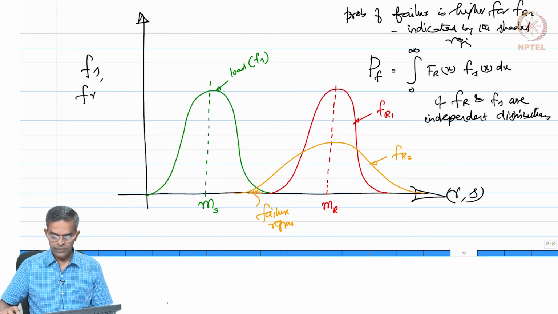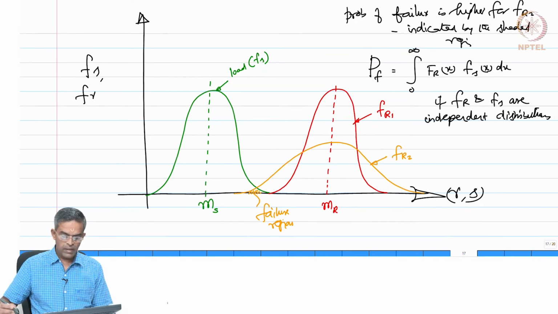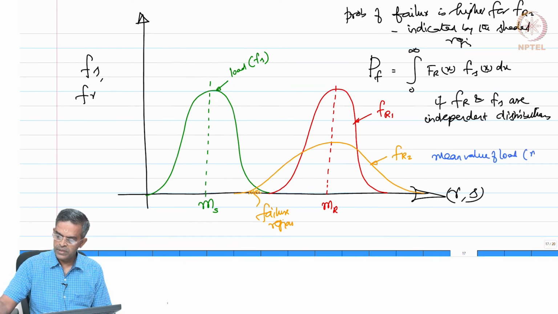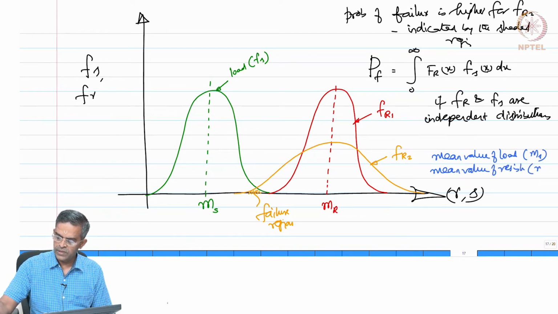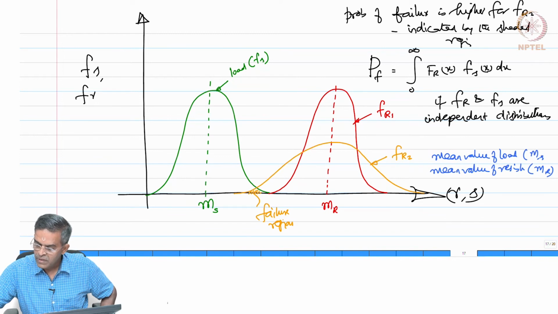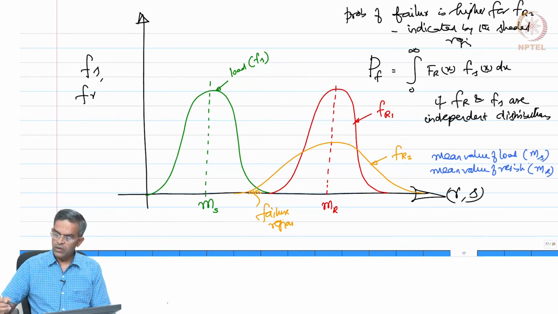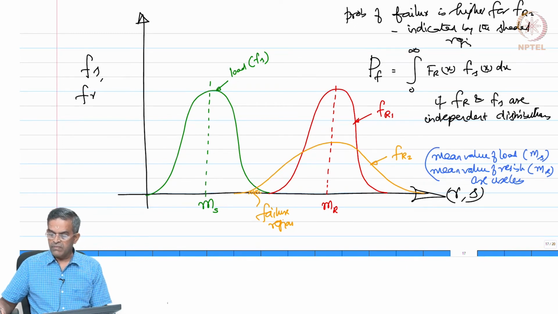Now friends, we will make a very important comment here. We say that the mean value of the load, which is Ms, and the mean value of the resistance, which is Mr, this is Ms, okay, I think you are able to see it here, are useless for me as characteristic values.